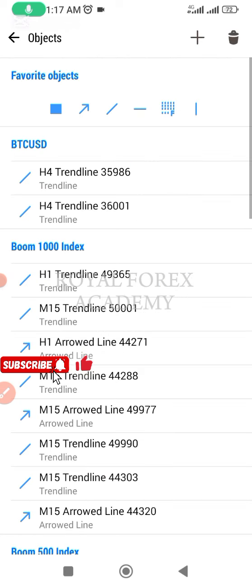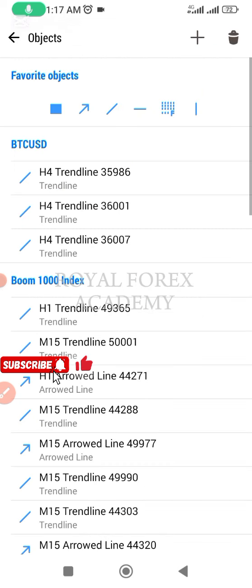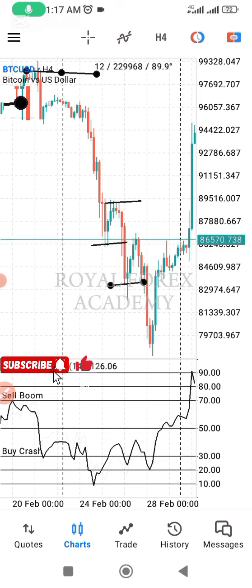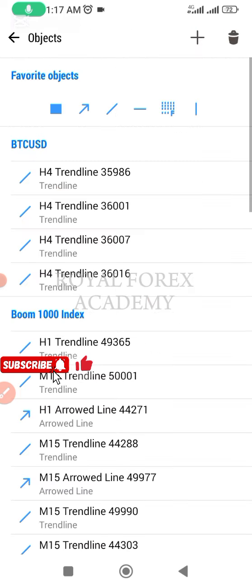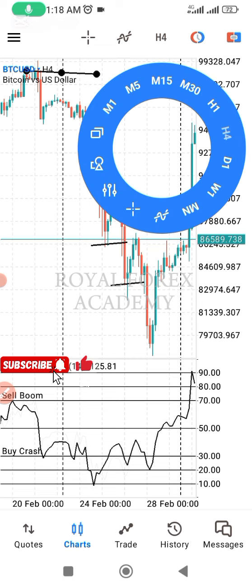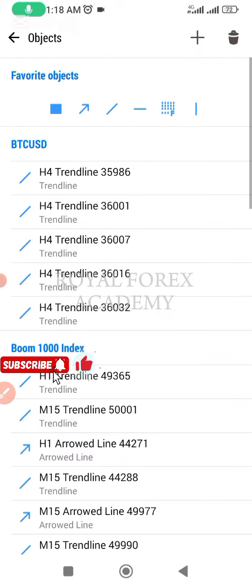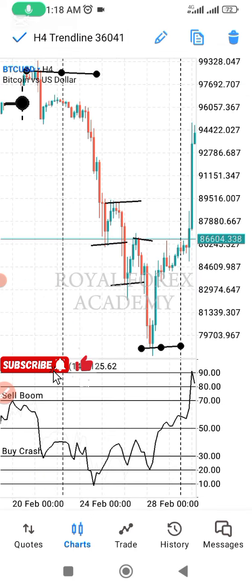This is a 4-hour time frame, and then we have this particular high, then we have this new low, and then price pulls back to give us this particular high again, and then this particular lower low.